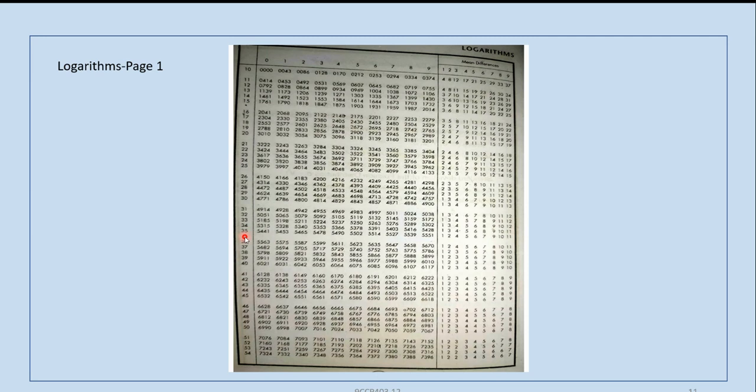So in 35 you search for 8 in the column. First we have taken 2 digits, 35, and the third digit we have to take here, which is 8. This is the number related to 358.